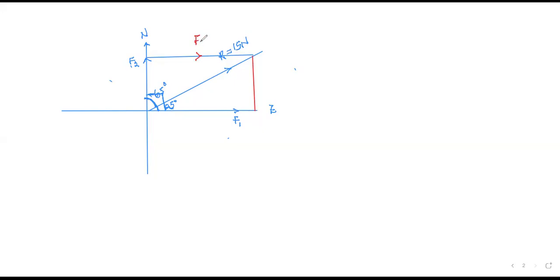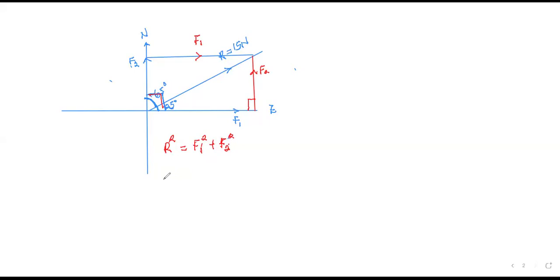This is F1. Then this is also F2. Because the whole angle here is 90, the angle between F1 and F2 must be 90. And so we can say that the square of the resultant must be equal to F1 squared plus F2 squared.